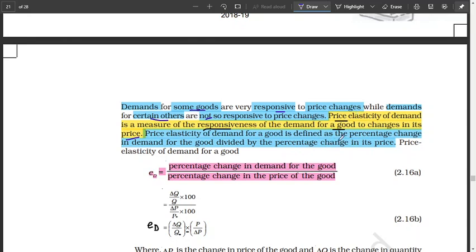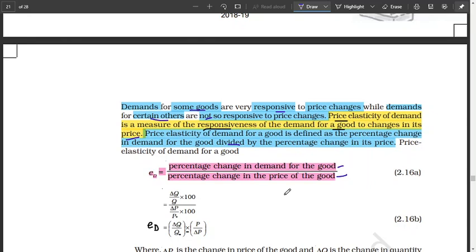It is the percentage change in the demand for a good, where a good can be any commodity, divided by the percentage change in the price. So you have to look at the change in demand in terms of percentage and divide it by the change in price.